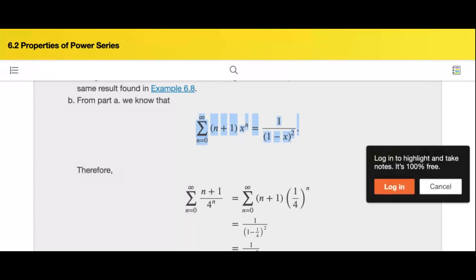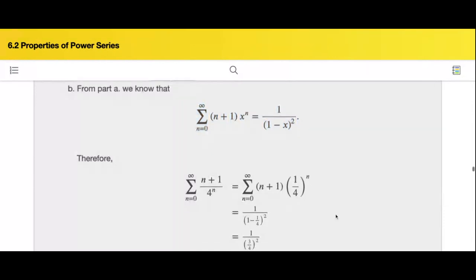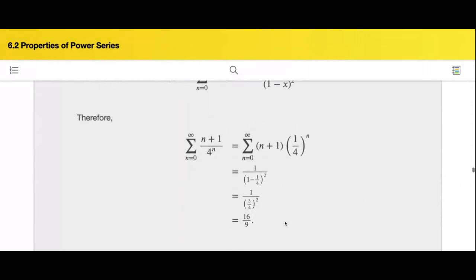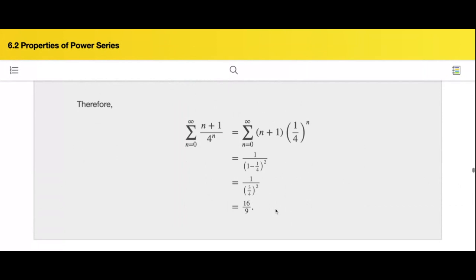So we just get 1 over (1 minus 1/4) squared. So we get 1 over (1 minus a quarter) squared. 1 minus a quarter is 3/4. So we get (3/4) squared, which is 9 over 16. Well, 1 divided by 9 over 16 is 1 multiplied by 16 over 9. So we get 16 over 9. All right, any questions?